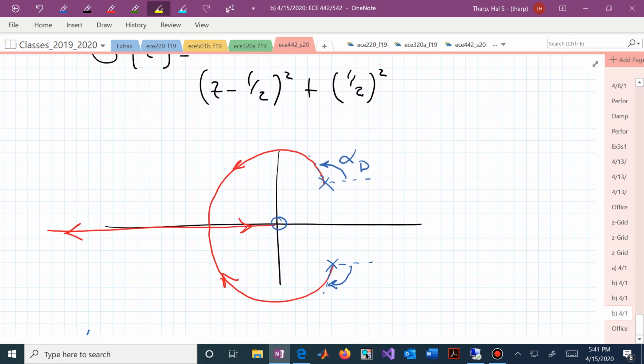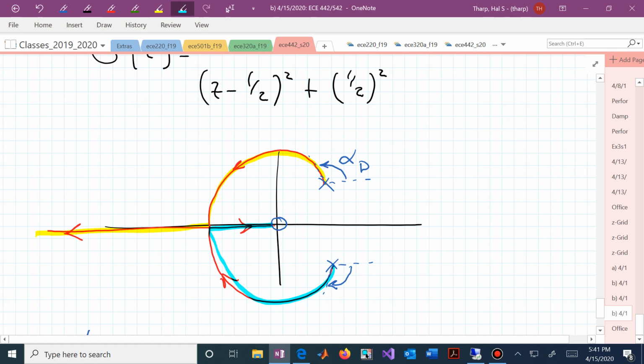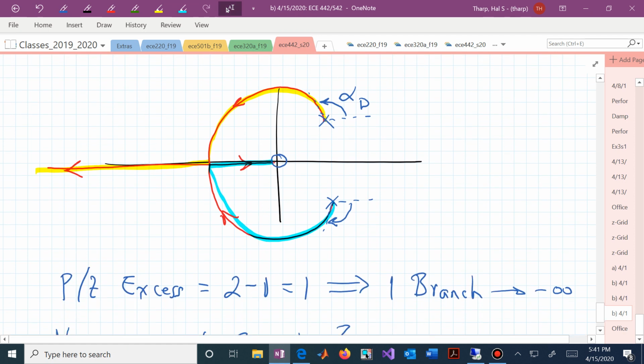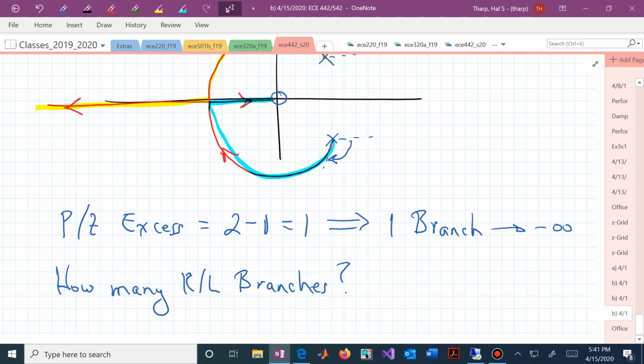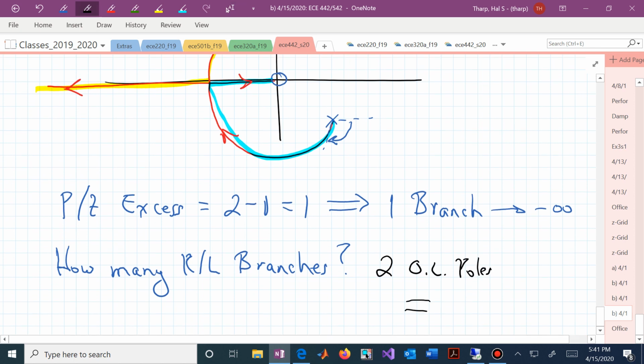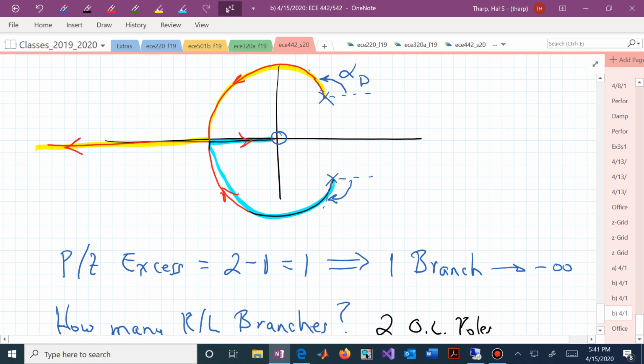Hopefully you see that we had 1 that went here, and I don't care if it goes there or goes in, and we had another branch. We have as many root locus branches as we have open loop poles. In this case then, how many root locus branches? We had 2 open loop poles, and that means that we have 2 root locus branches, and I've highlighted those, 1 in yellow and 1 in blue.